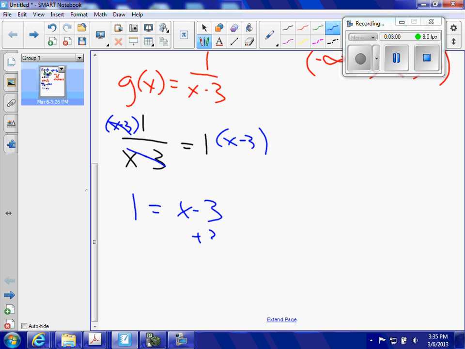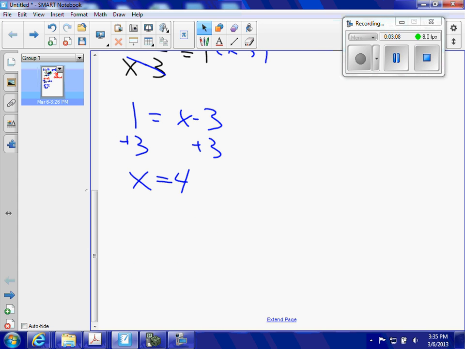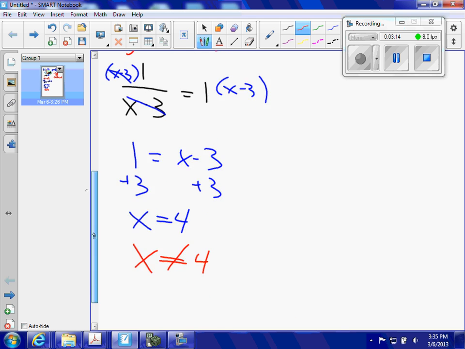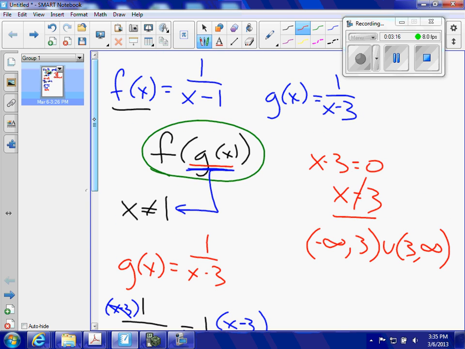I add 3 to both sides, and I get x is equal to 4. So what this is telling me is that x cannot be equal to 4. If x is equal to 4, then g of x is going to be equal to 1, and then f of g of x isn't going to work.